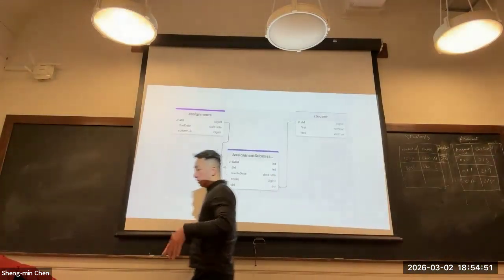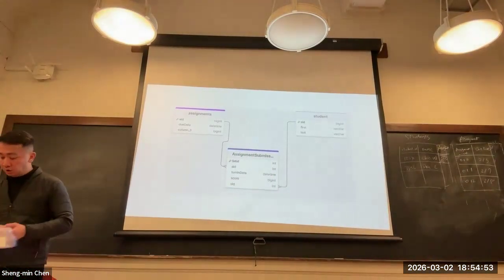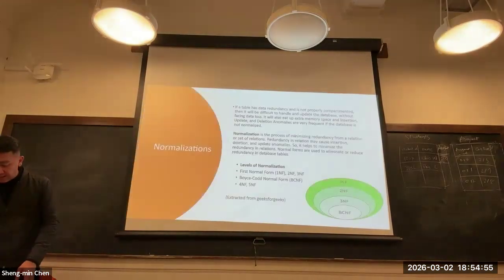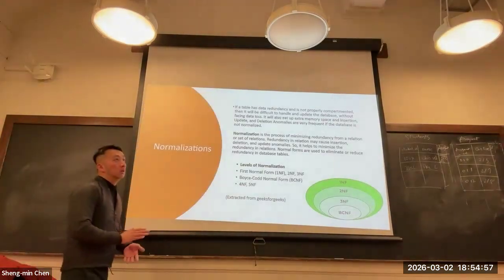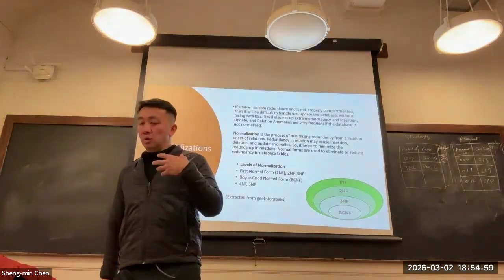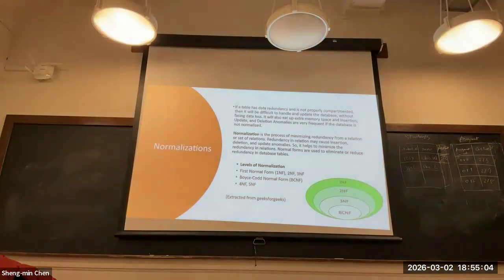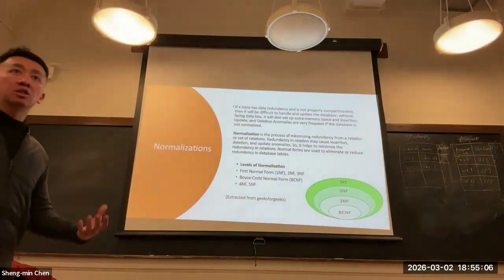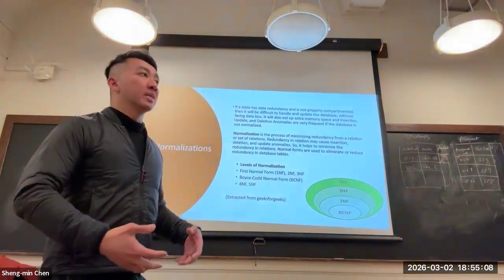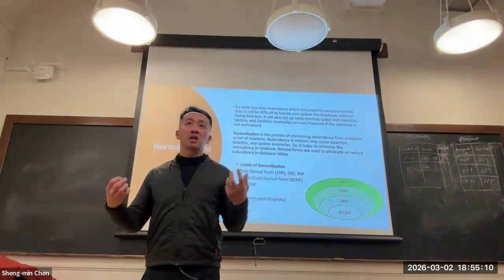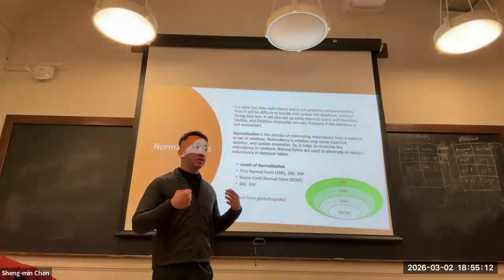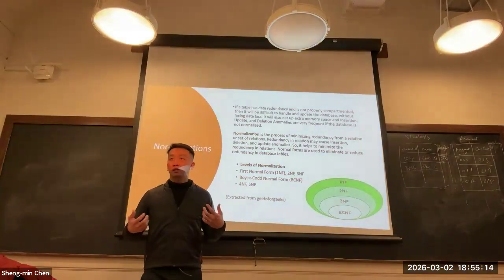Okay, so let me rephrase. What normalization does is that it helps when you're designing a table. You first define all the attributes that you want, right? You define all the columns, the data types, and the keys.